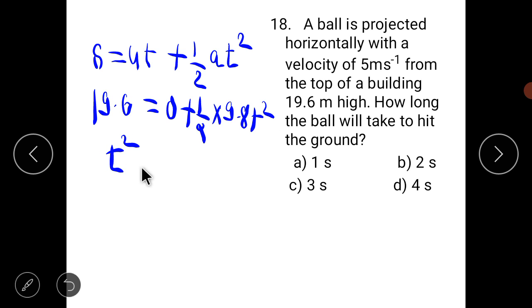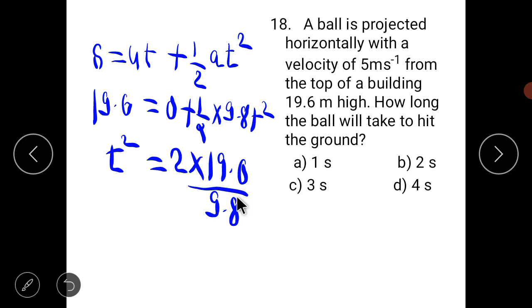So t square is equal to 2 into 19.6 divided by 9.8. 19.6 divided by 9.8 is 2.